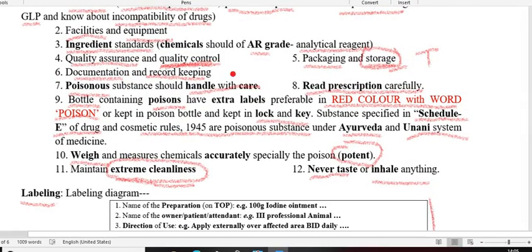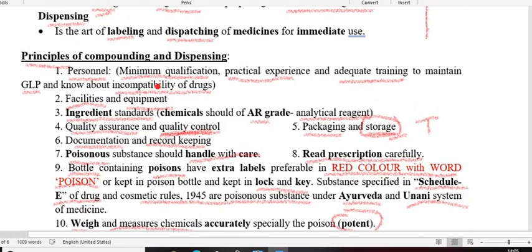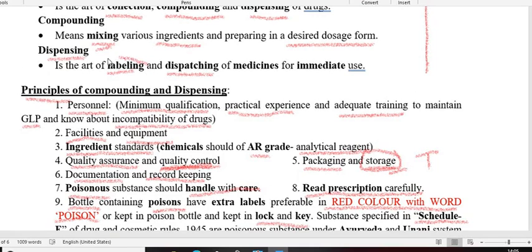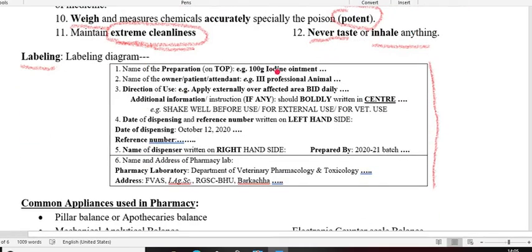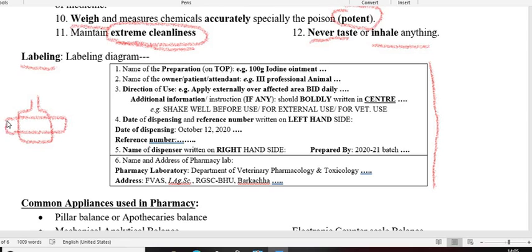Labeling here means that you have to label the container in which you have kept the drug. If this is a container in which you have kept the drug, that container should be labeled with a white sheet, and that white sheet should be pasted over the container containing the pharmacy preparation.